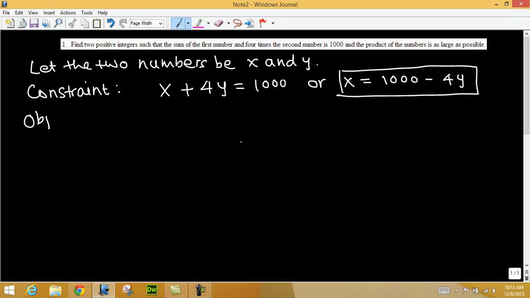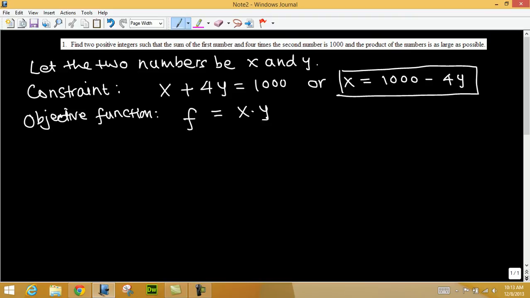Now we want to write down the objective function, the function that we want to maximize or minimize. In this case, we want to maximize the product. Product means the product of the numbers x and y. Let's say that's just f equals x times y.